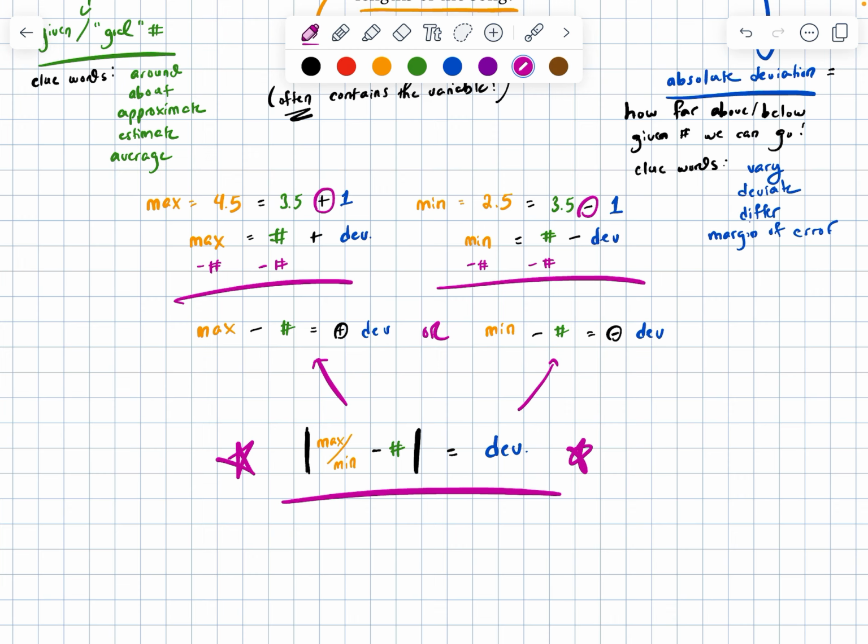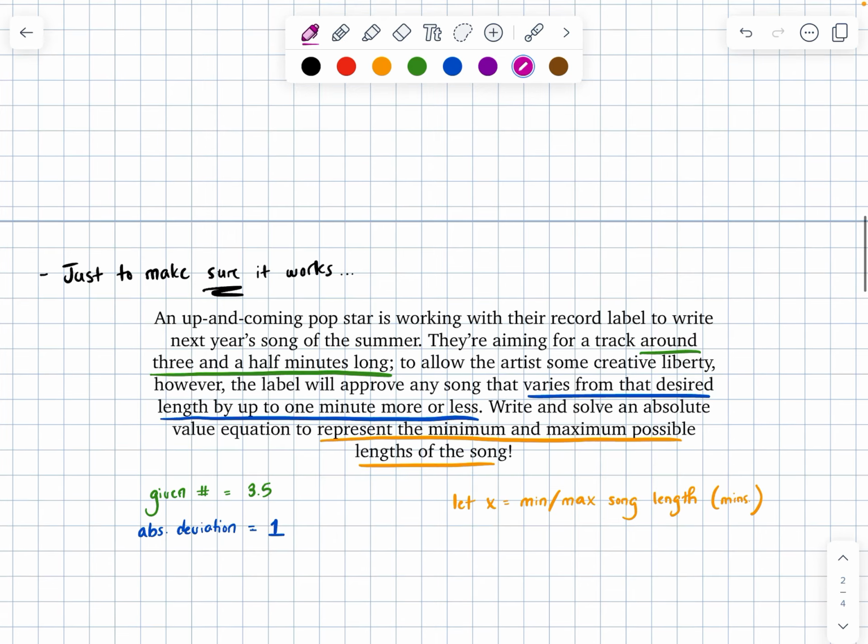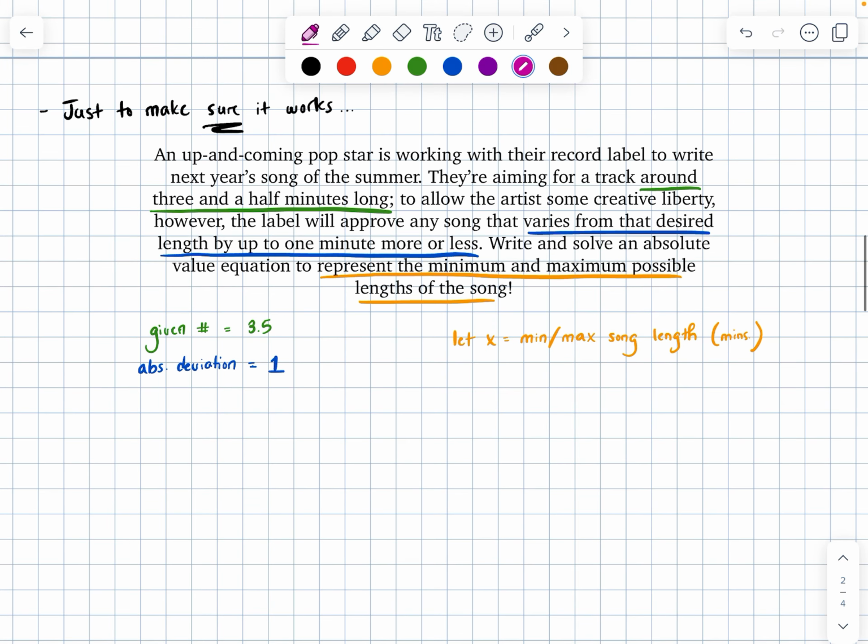Now that I've got it, let's just make sure that it works. So I'm going to take exactly the same problem above. My given number that we established was the 3.5 minutes. I can deviate on either side by 1 minute up or down, and I'm going to use x here to represent the minimum and maximum song lengths.